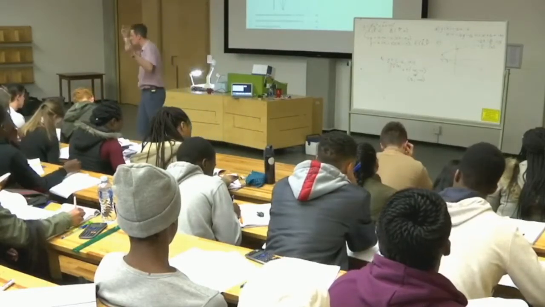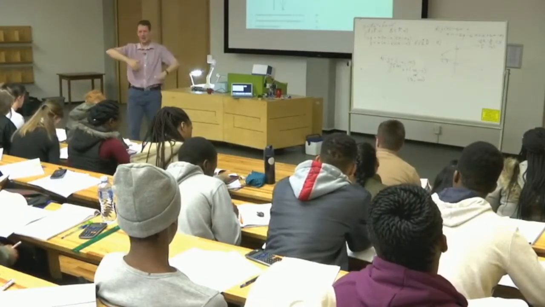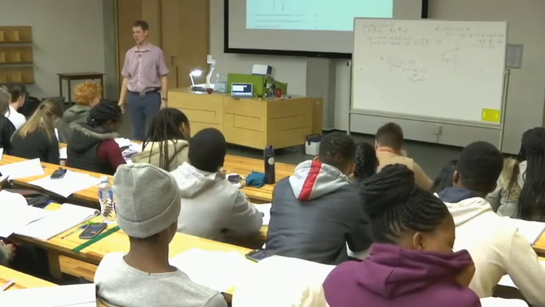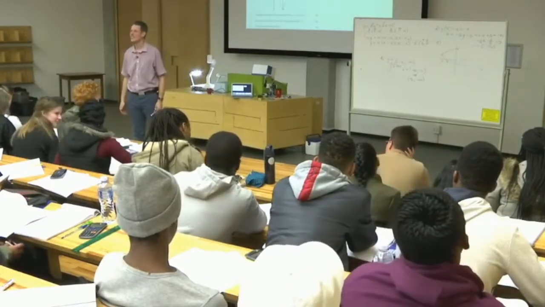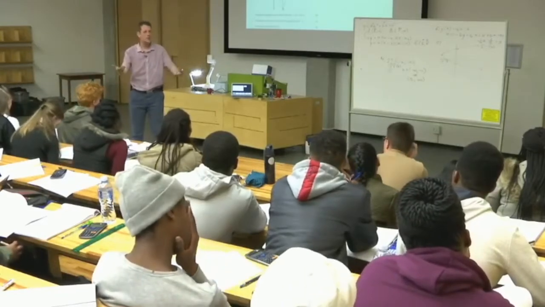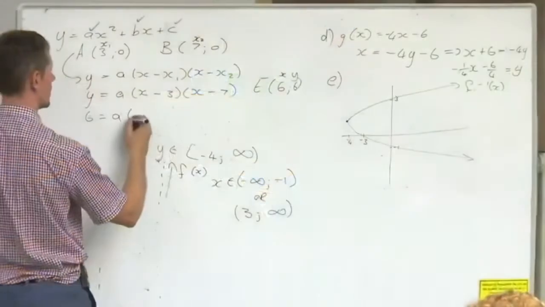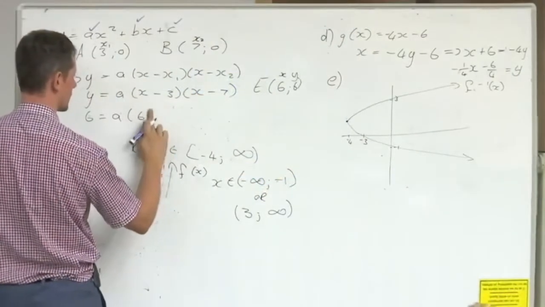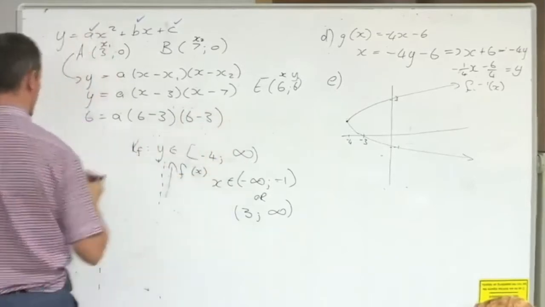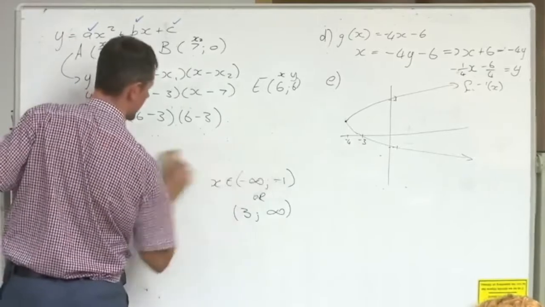And then you guys freak out: but sir, I can't do this, never in my life have I not been able to read off from a graph. So what? Sub in and solve. If you can't read off, sub in and solve. So I'm going to sub in y with 6 and x with 6. And then I'm simply going to solve for a.